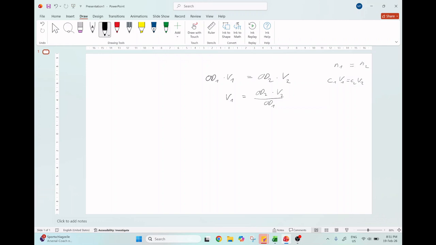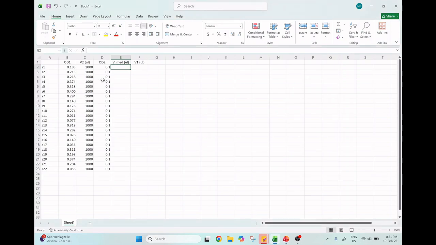Now, the little trick that I want to share with you, or actually let's go through the calculation first. So let's first go to Excel. Let's say these ones here are our ODs that we measured, all this column. These are 22 different samples.